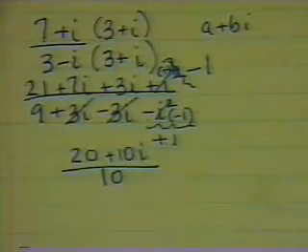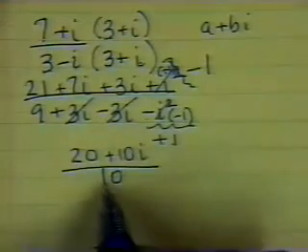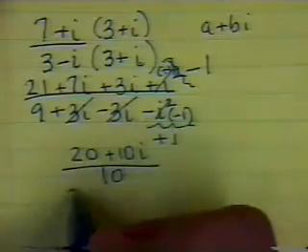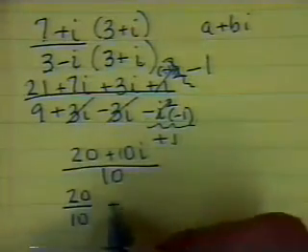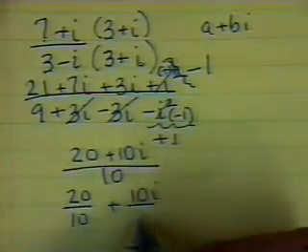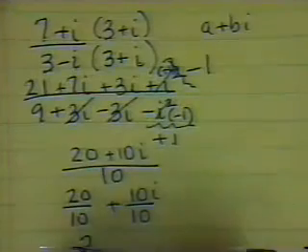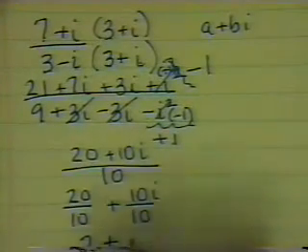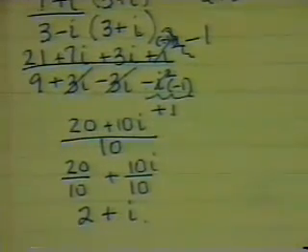This one is a very good example and also to illustrate our reduction of complex numbers. And so let's go ahead and do that. We can write each one of our numerators over the denominator or factor out a 10 on top, whatever your preference. This does reduce down to 2 plus i, and that is our final answer.